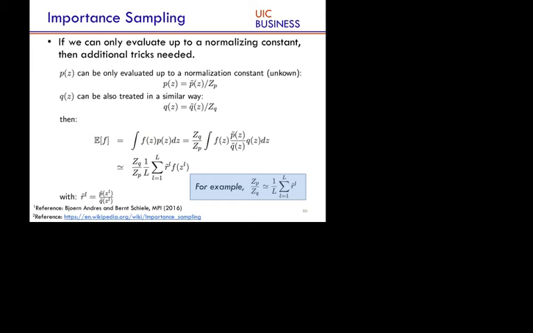I can still do importance sampling, except that I'll somehow have to deal with these constants at some other point of time. And here the fix is you can replace the factor Z_P by Z_Q, which are the partition functions for the P distribution and the Q distribution, with the same factors that you had. So P by Q evaluated at your sampled points, you can just take an average and call that a factor. So it's a minor point.